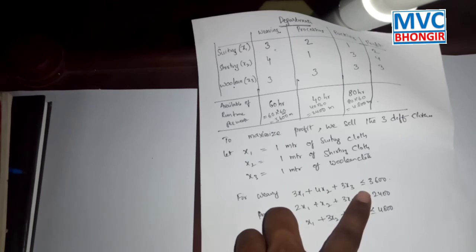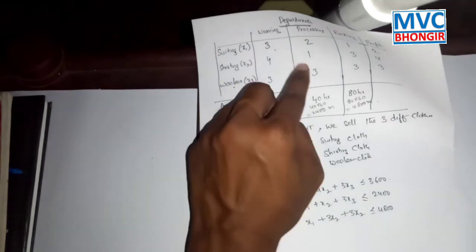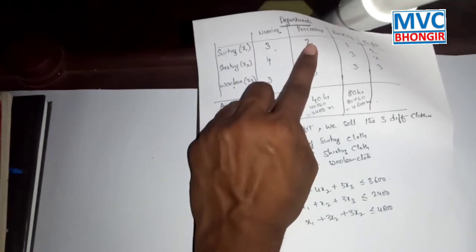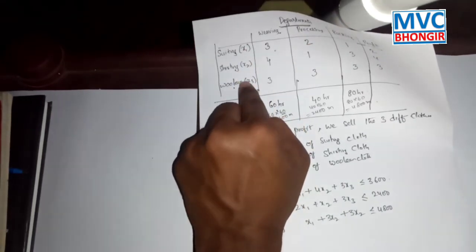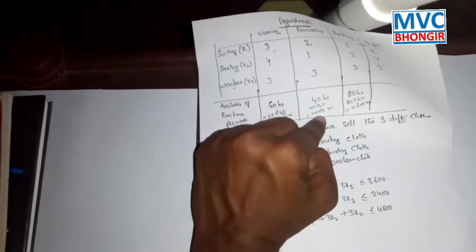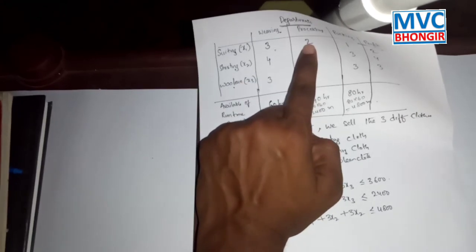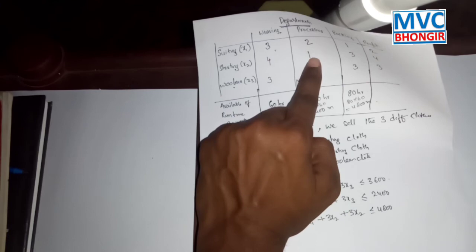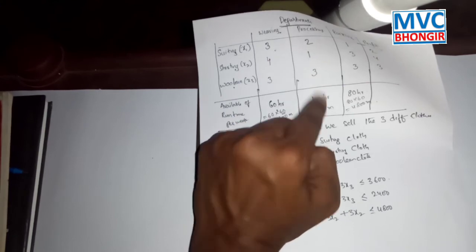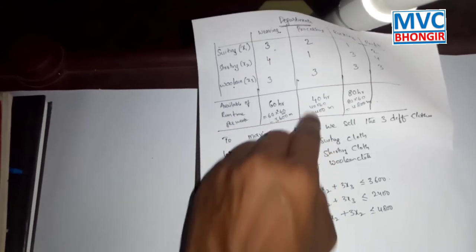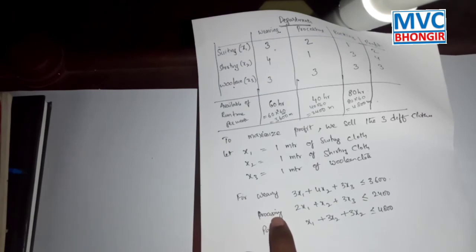Okay, next one. Here in the processing department, 3 different cloths can be produced and the available time is 2400. Then 2x1 plus 1x2 plus 3x3 is less than or equal to 2400. That means the processing department should produce 2x1 products, 1x2 product and 3x3 products within the given time.